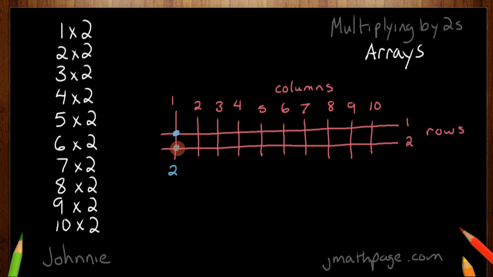That's good. Now, what if I have 2 columns, and I still have 2 rows? 2 columns and 2 rows give us this many intersections: 1, 2, 3, and 4. So far we have 2, now 4 intersections.